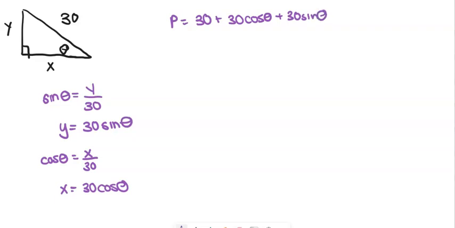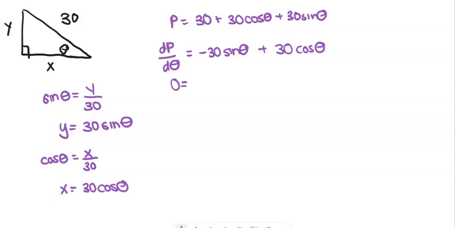And I want to maximize this perimeter. In order to do that, I'm going to take the derivative with respect to the angle. This constant drops away. Cos theta turns into negative sine theta, and sine theta turns into cos theta.